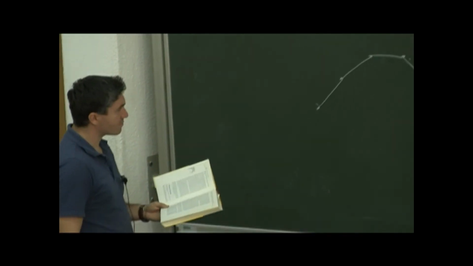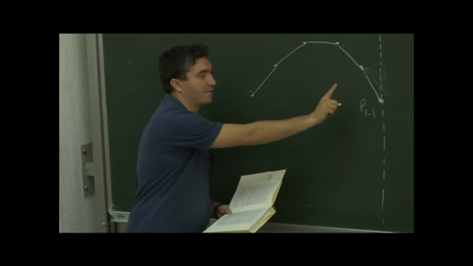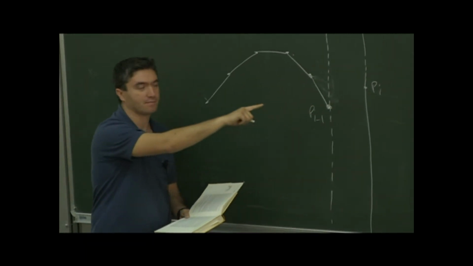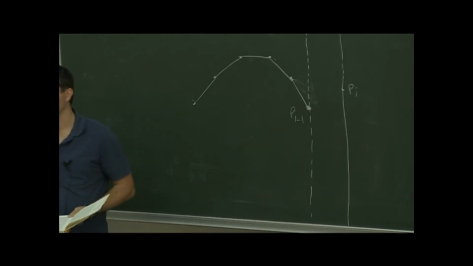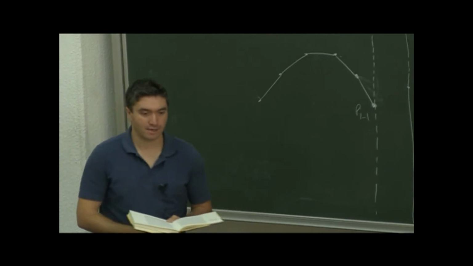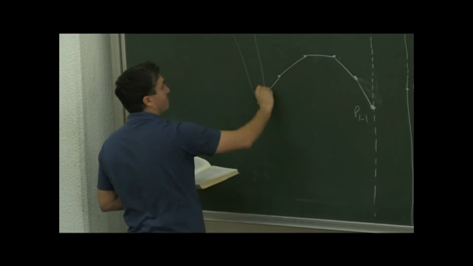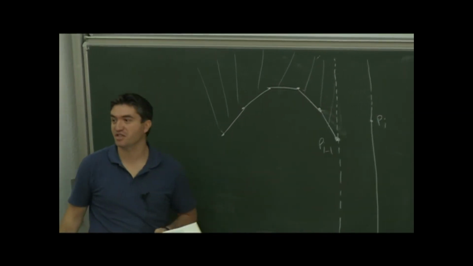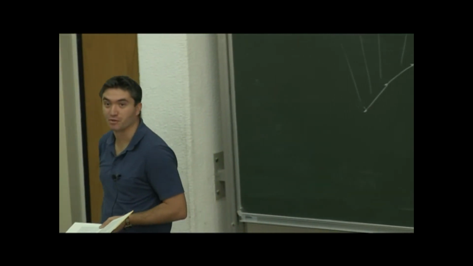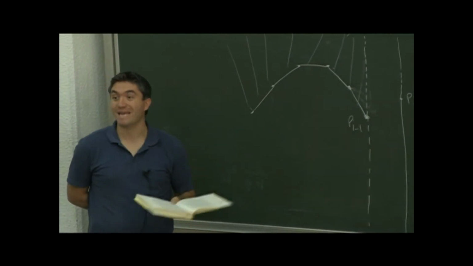Now, the assumption that the convex hull up to pi minus 1 is computed correctly means that you know that this region is empty. Okay? You know that this region is empty. If you have computed the upper hull correctly up to that point, this region on top of the upper hull should be empty.